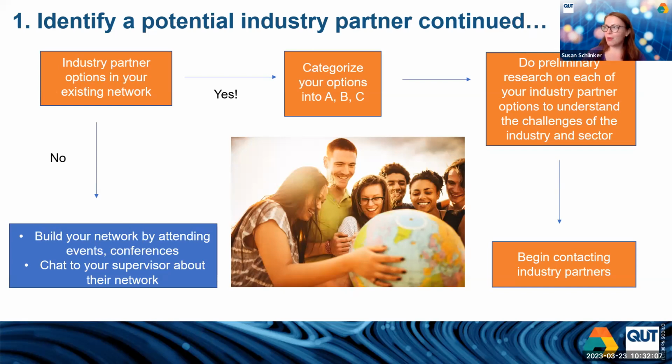So then my next step after that is to do preliminary research on each of your industry partners in your A, B, and C categories, just so that you are not going in cold.